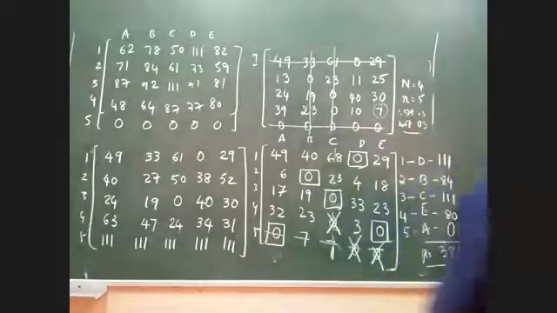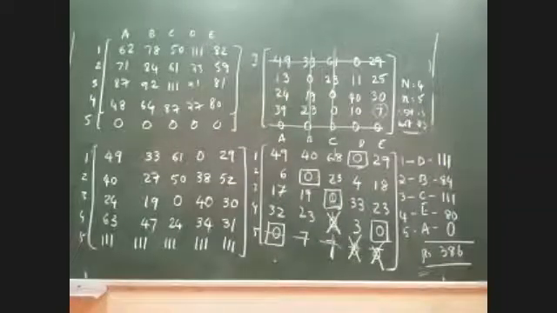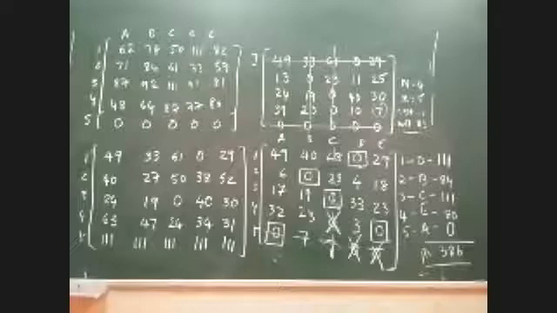Since the question is asked about the maximum profit, the answer for this question is 386 rupees. So this is the only way that we do as far as maximization case problem is concerned. Let me quickly recap the whole problem here. Before we wind up the class, first point: you should always look out for the statement that is given along with the question.